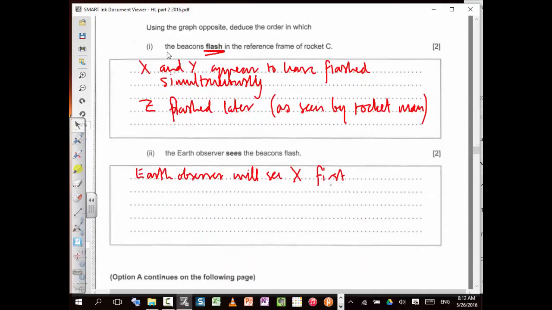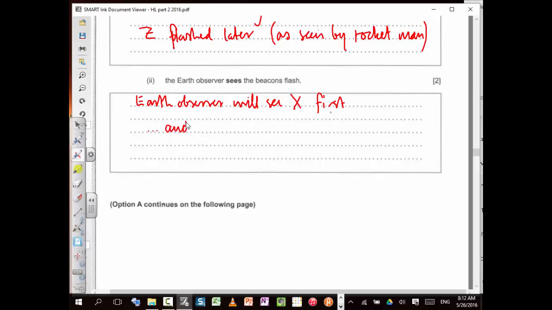So see X first, and Y and Z will be seen simultaneously at a later time.